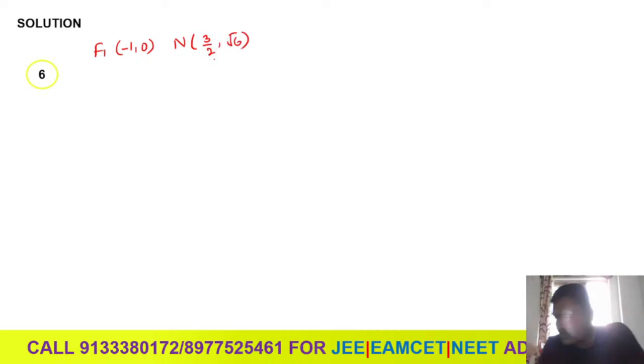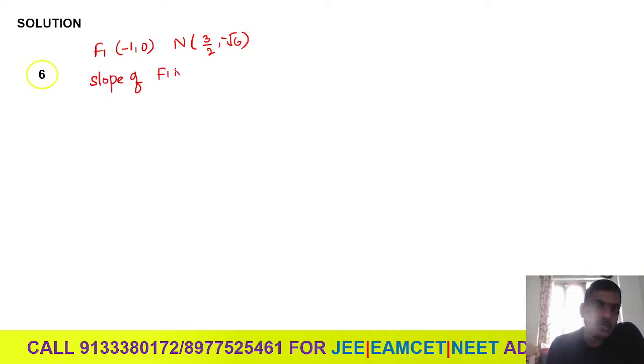Here F1 is minus 1 comma 0 and N is 3 by 2 comma root 6. Am I correct? N value 3 by 2 comma minus root 6. Okay. Now calculate the slope here.